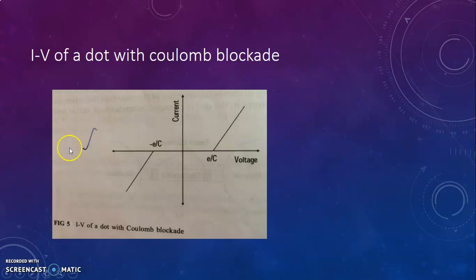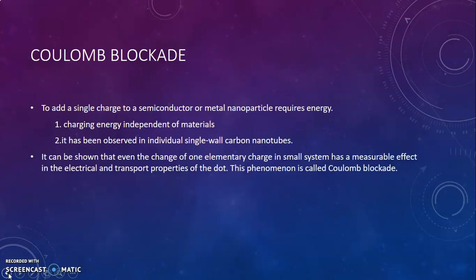Before that, we had one point that we left. To add a single charge to a semiconductor or metal nanoparticle requires energy. Charging energy is independent of the materials, and it has also been observed in individual single-wall carbon nanotubes.